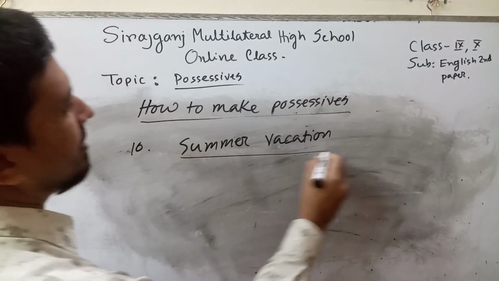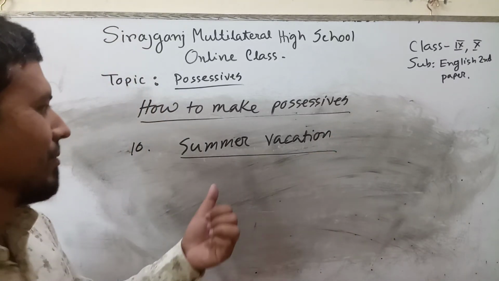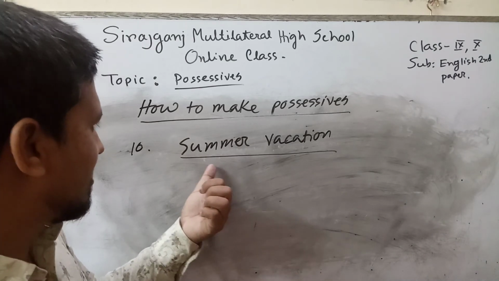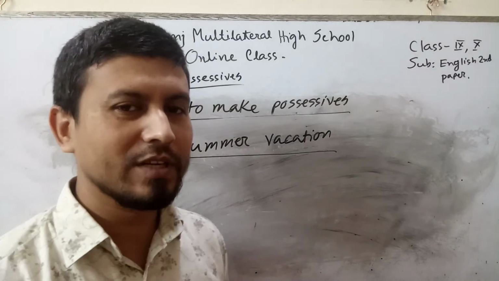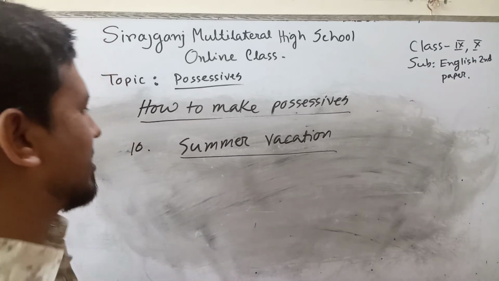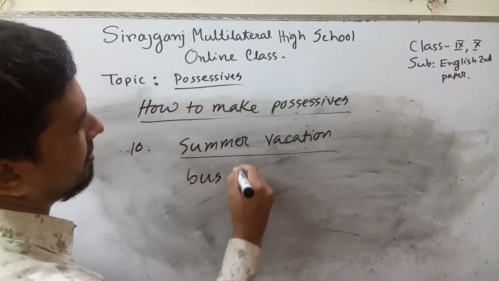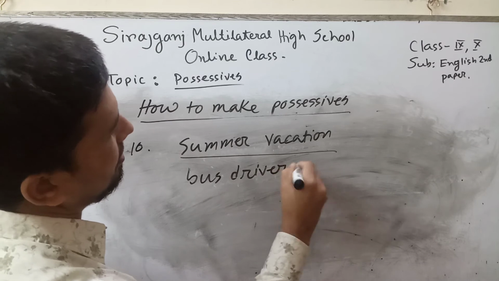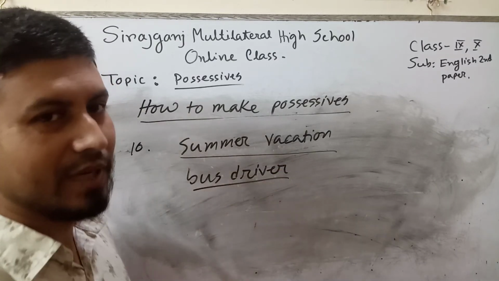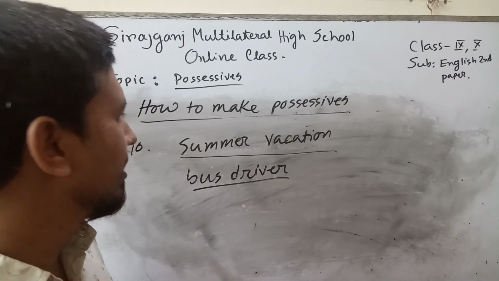This is possessive, but not summer's vacation. Summer's vacation will not be used here, only summer vacation. You know, bus driver is also possessive, but it does not take s or apostrophe s.